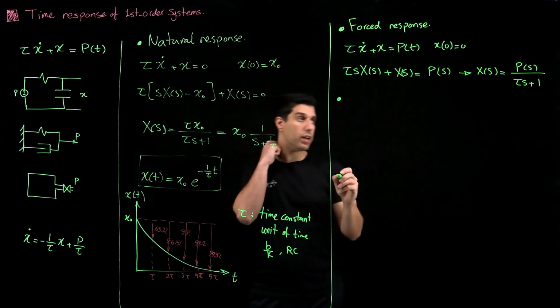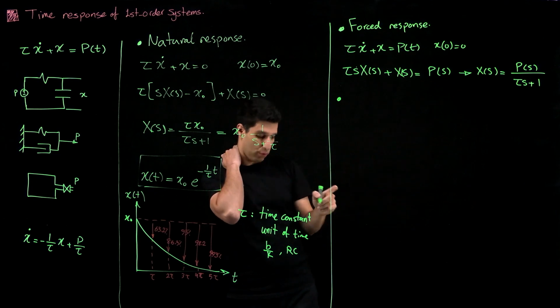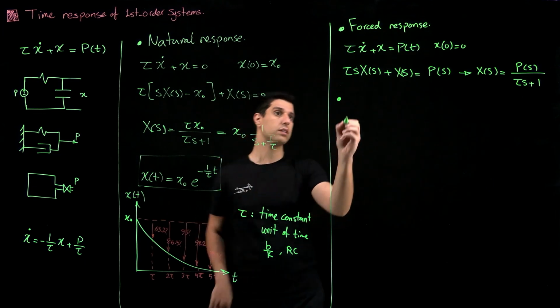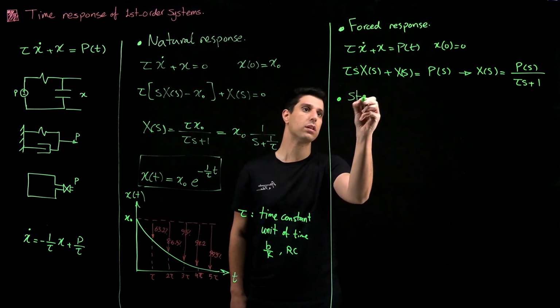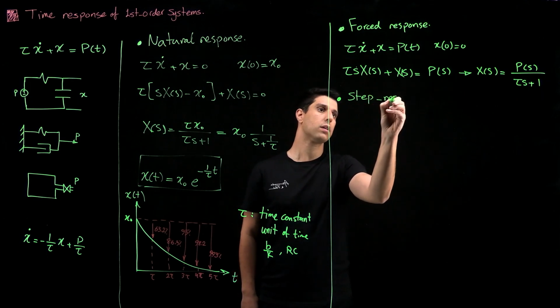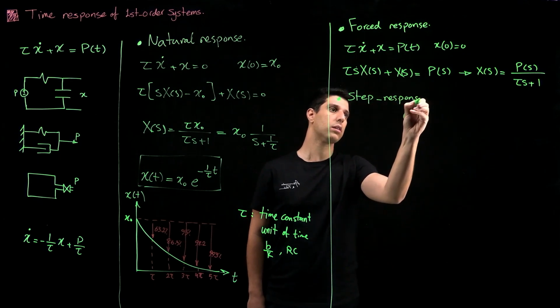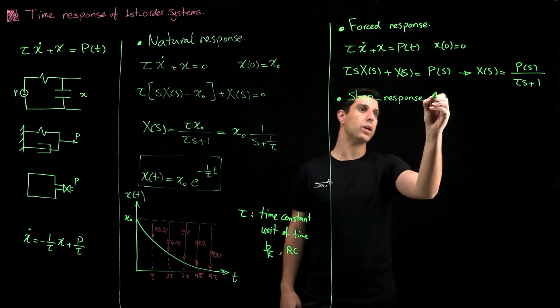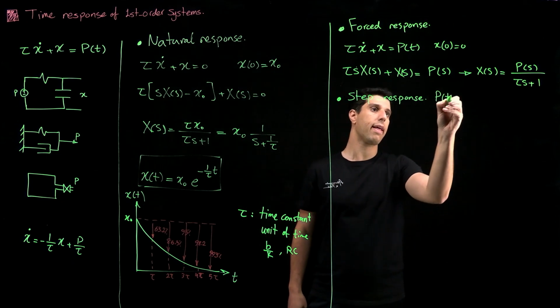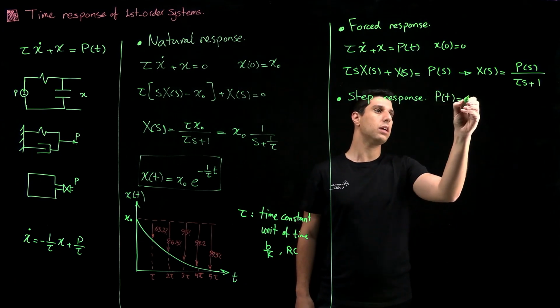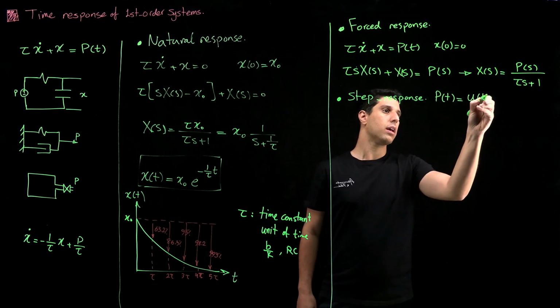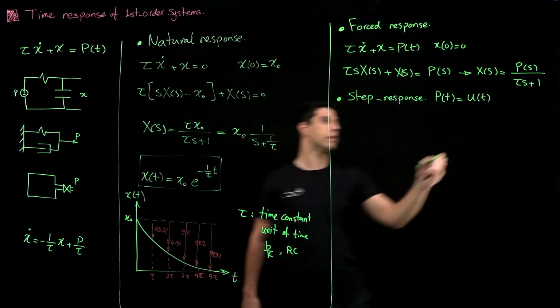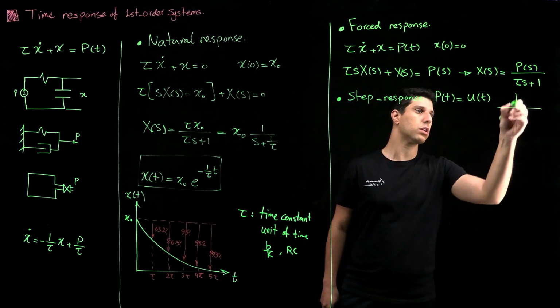So one of the most useful pieces of information we can get is something called a step response. And that is when this P of t is a step. So it looks something like that: 0 jumps to 1.